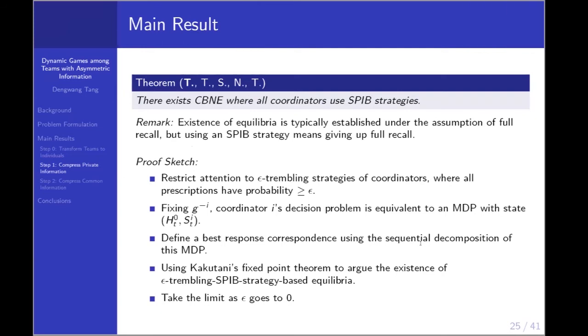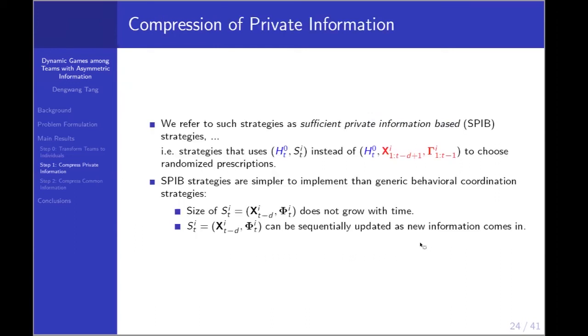So you made a remark that in this case, the sufficient private information is not accumulated over time. Isn't it the case that at least part of it becomes part of the common information? Yes.